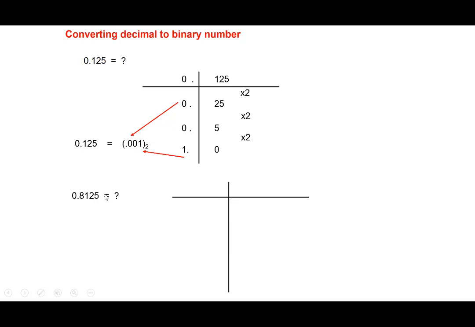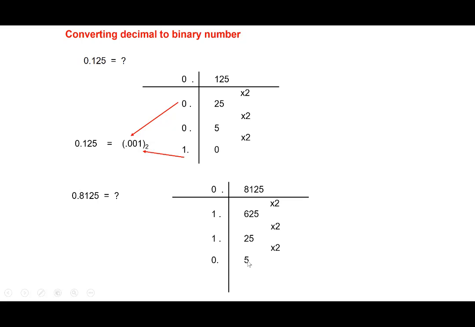Okay, what about 0.8125? Let's do this again. After the dot is 8125, let's multiply by 2. We get 1.625. Now multiply by 2, this fractional part only. We get 1.25. Let's multiply by 2 again.